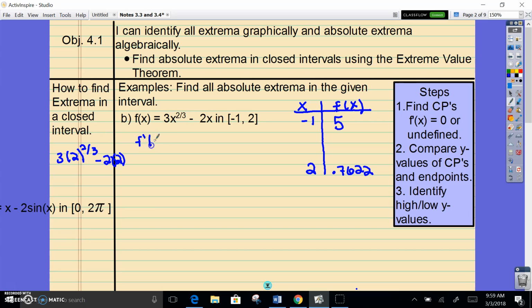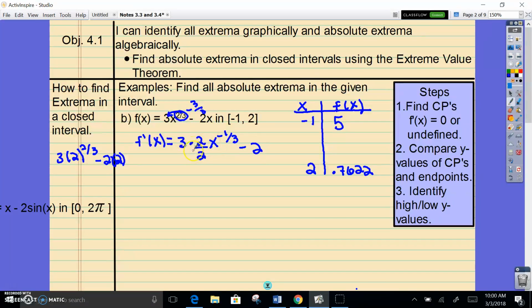So I'm going to take the derivative of this function. It's still a power rule. Nothing crazy. So it's going to be 3 times 2/3 when I bring this power to the front, times x, and then in the x I'm going to subtract 1, so 2/3 minus 1, or 3/3, gives us -1/3, and then that's of course minus 2.